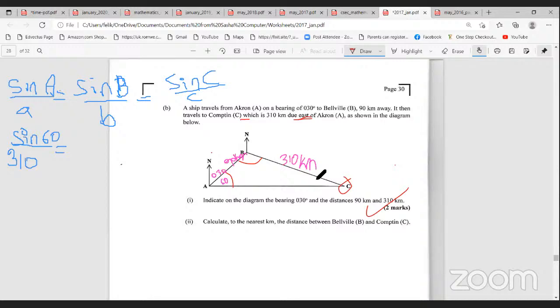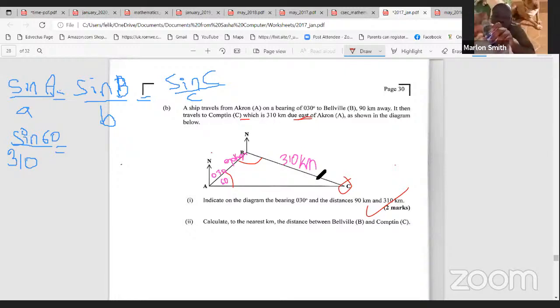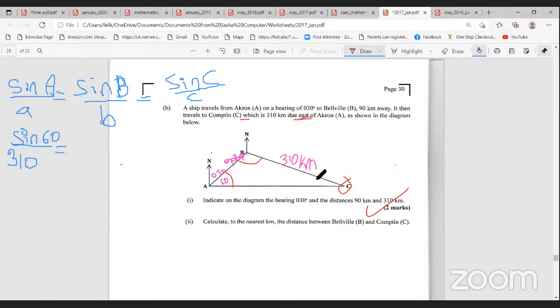So I have a 310. We want to find, to the nearest kilometer, the distance between Belleville and Compton.